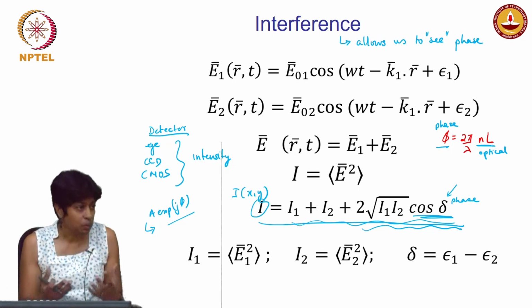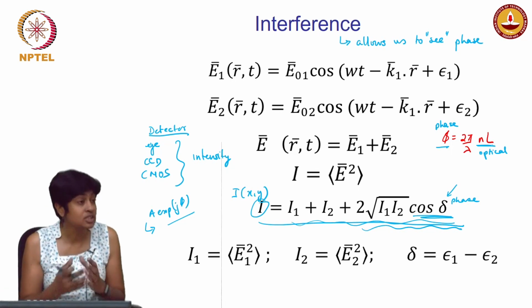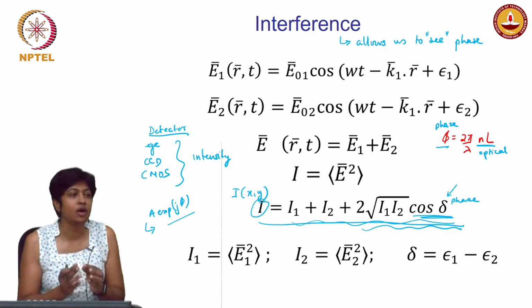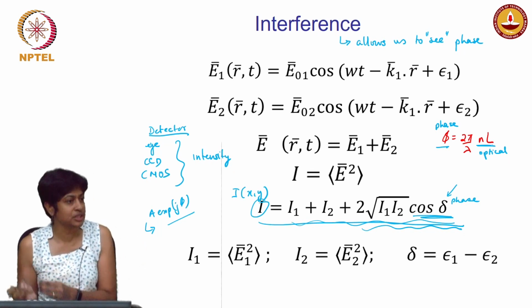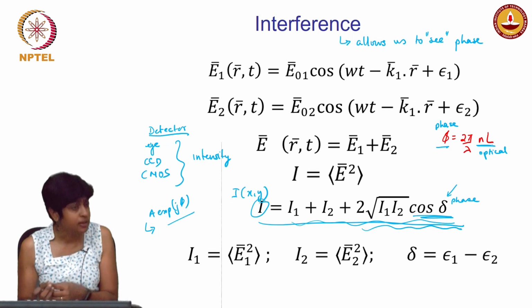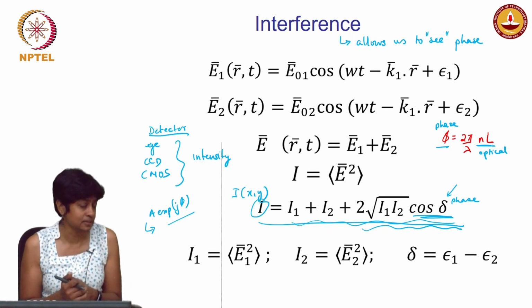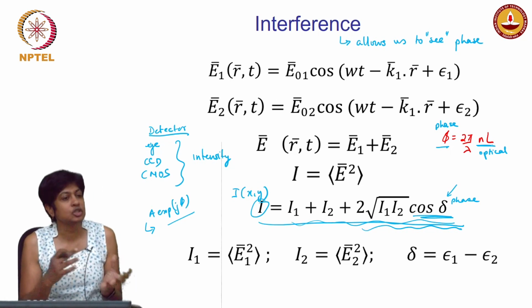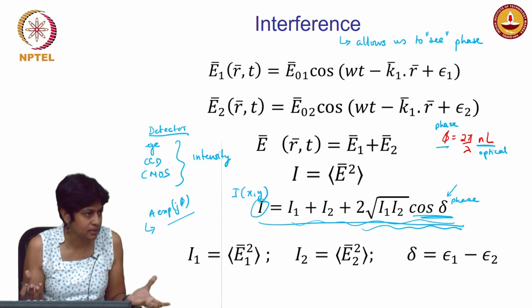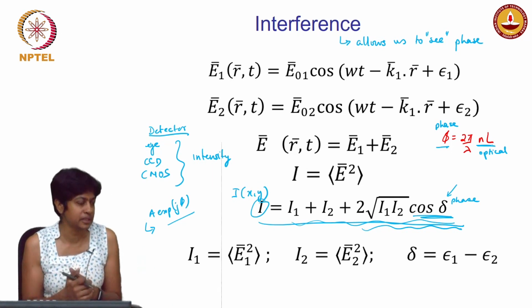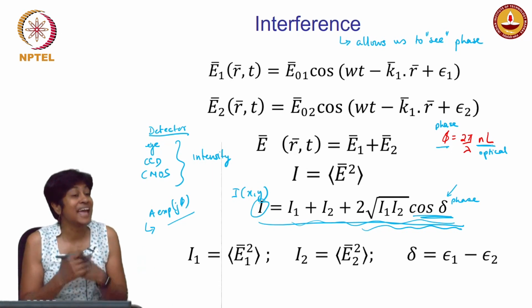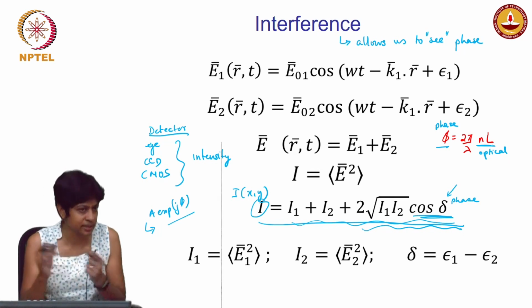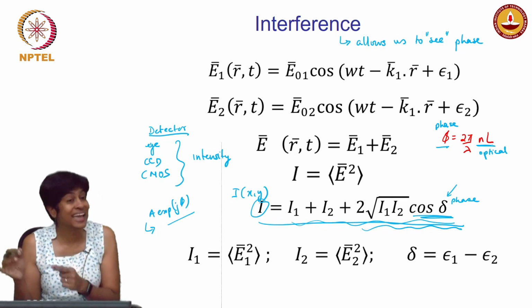It is so powerful a technique because it's not just simply that I want to measure n or I want to measure L, but I can use this as a sensor. Let's say there's a temperature change, okay? And let's say the temperature changes are small enough that I can make the assumption that, for the particular material I'm looking at, the n doesn't change with the temperature change, but the L changes.